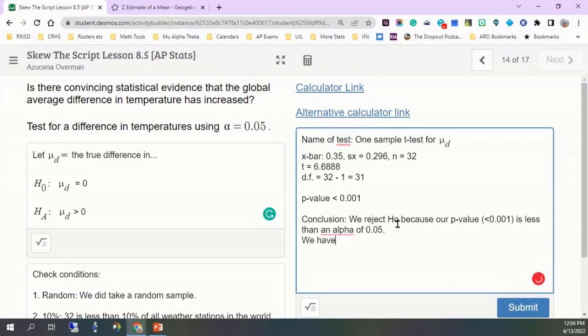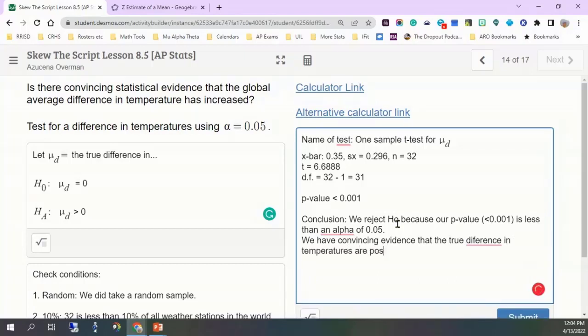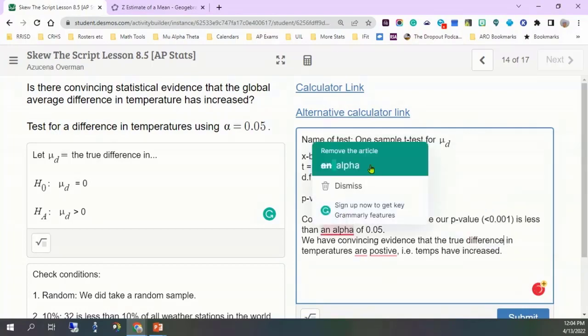We have convincing evidence that the true difference in temperatures is positive, i.e. temps have increased, right? All right.